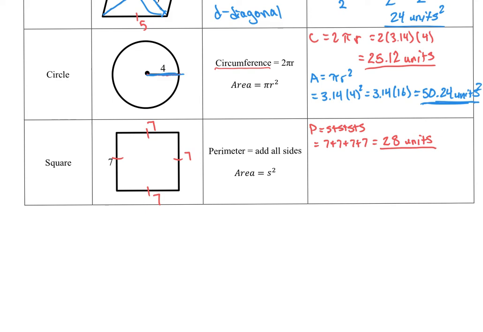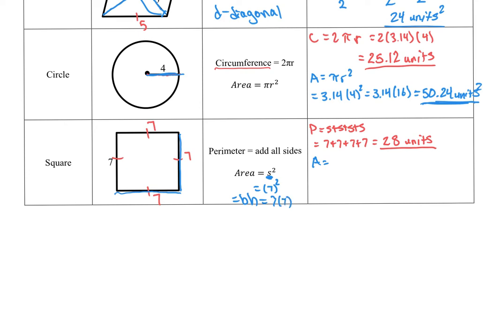Now let's find the area. You'll notice here it says side squared. That S stands for side. So it's saying take one of our sides, which is 7, plug it in, and square it. Now I just want to point out that this is the same thing as base times height, right? Because think about it. What is the base? Well, the base is 7, and what is the height? The height is also 7.